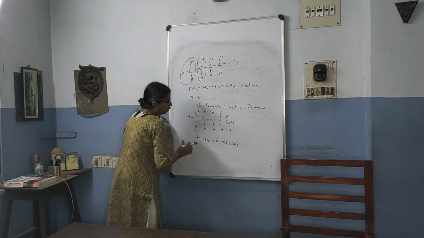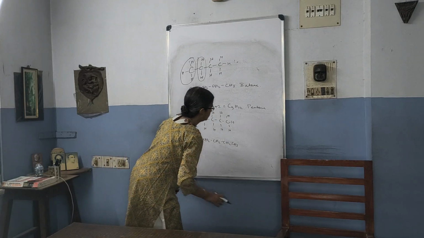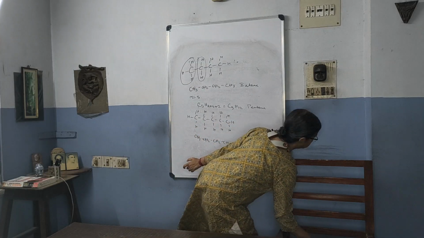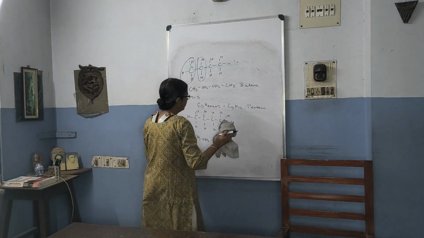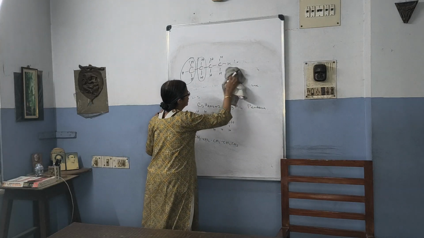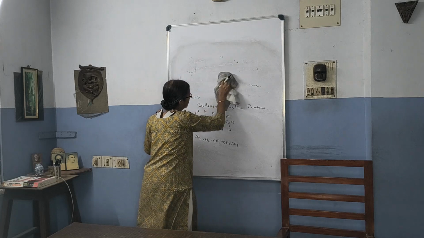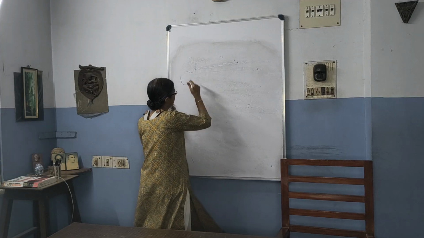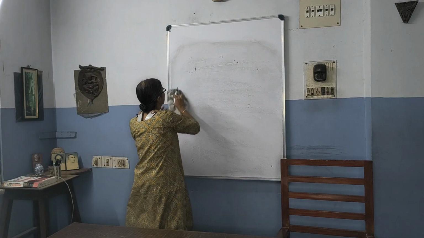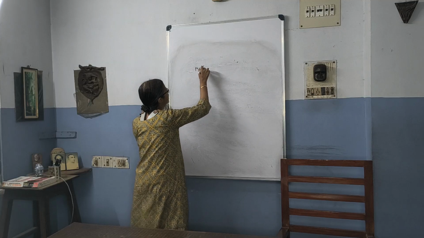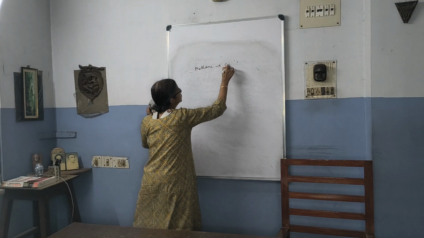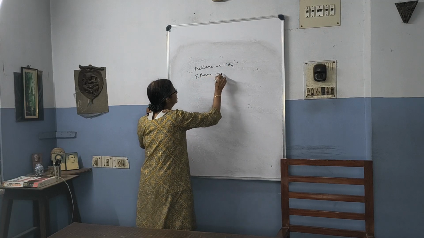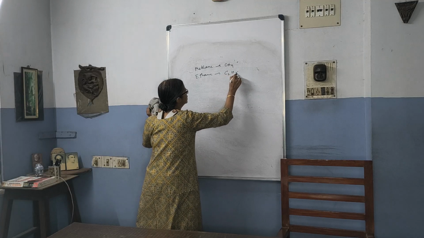Now, if you jot down the whole thing, we can do it right from the beginning. Methane, CH4, ethane, C2H6.